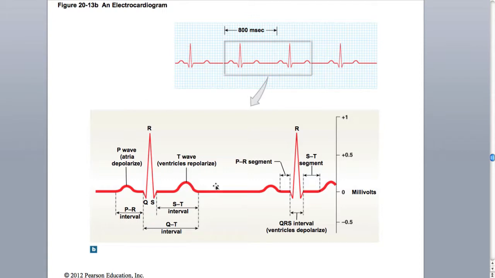Now, hidden within this, and it is mentioned in the reading of page 688 and the page before, you don't see an atria repolarization because it is actually covered during this stage. So it's masked. The T wave represents ventricle repolarization.